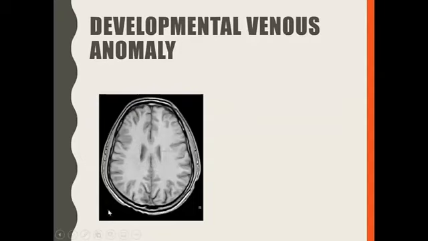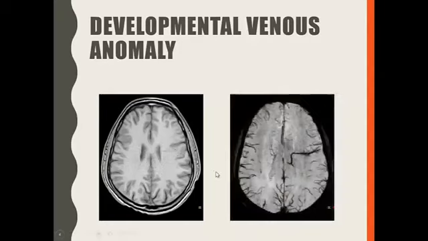Sometimes in conventional MRI it is very difficult to detect it, and here you can see this thin line of hypointensity that traverses the cerebral hemisphere. So you should get the appropriate sequence, which is the SWI, as I told you before, and this is the same patient, and you can see this is the anomalous vein, which drains into the deep subependymal veins.